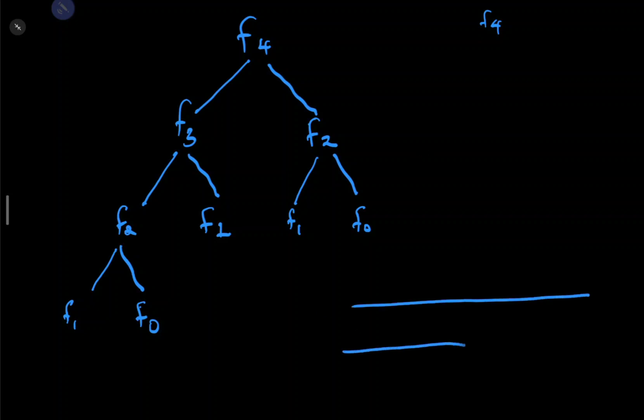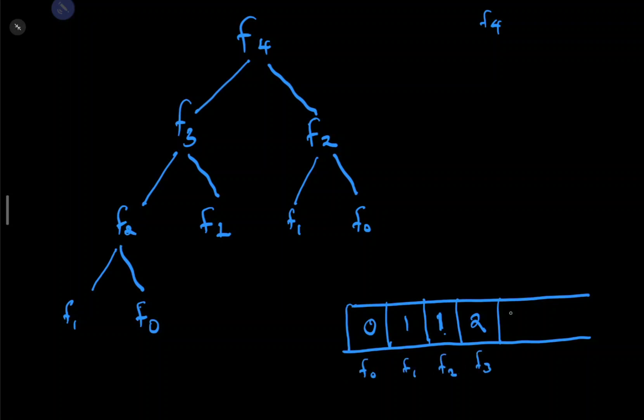Let's say this is the table. Let's start from the first, 0, then 1. Then we want to compute the next one. That's 1 again, because 0 plus 1 is 1. We want to compute the next one. That's 2, because I'm adding these. This is F0, F1, F2, F3.